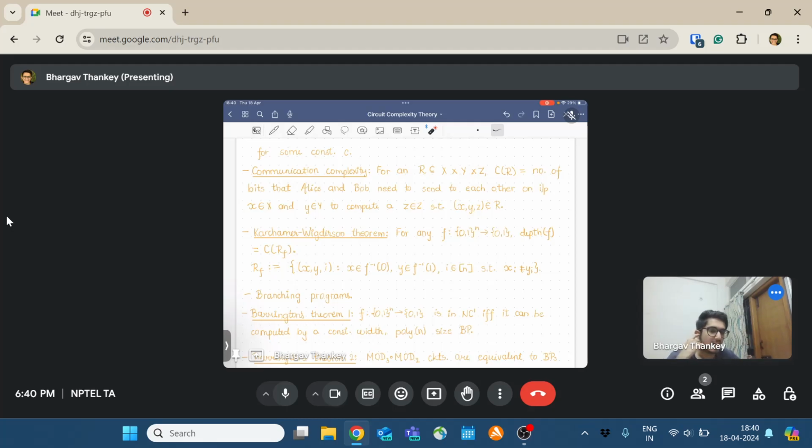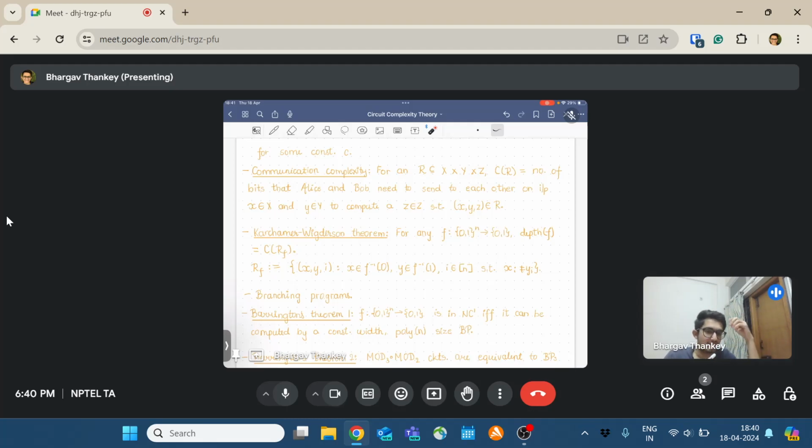There are two sinks, T0 and T1. Any path from S to T0 or S to T1 corresponds to a string in a natural way. You look at all the edges on the path, and if you have an edge going out of xi labeled 1 on that path, then xi equals 1.